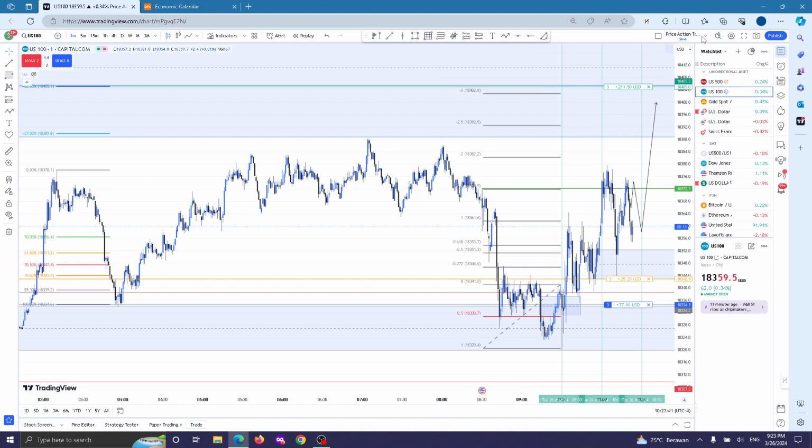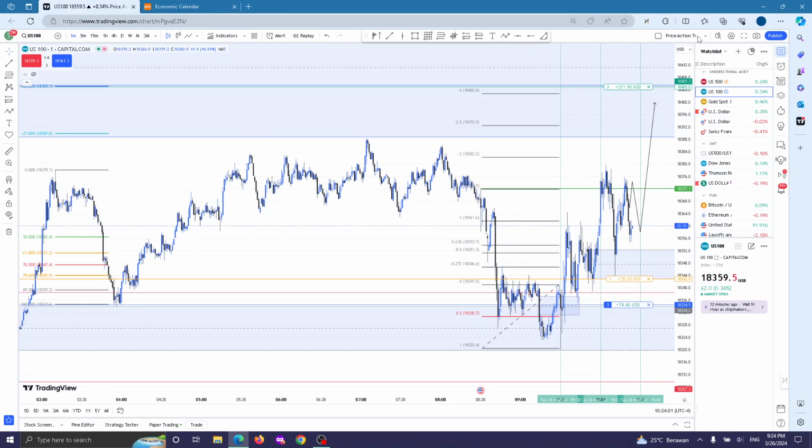Sheesh. Multiple setups, setting up for that buy side liquidity. Just waiting for price to do its thing.